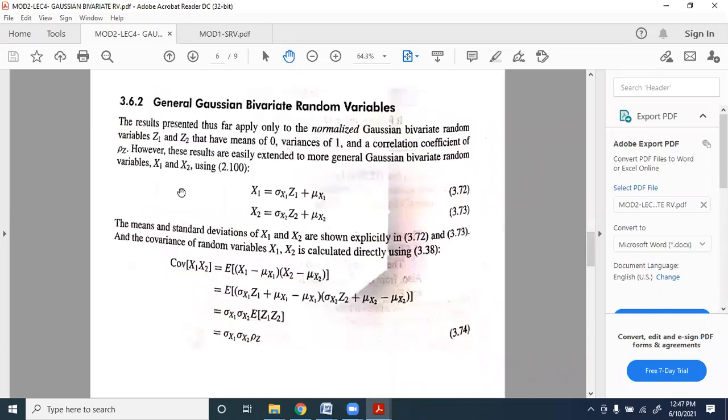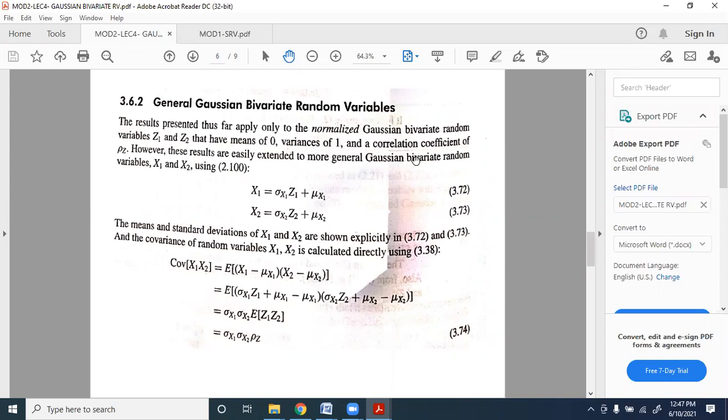If we don't have a normalized Gaussian bivariate random variable, then we need to make some changes. Whatever results we have considered till now are for normalized Gaussian bivariate random variables Z1, Z2, where mean is equal to 0 and variance is equal to 1.